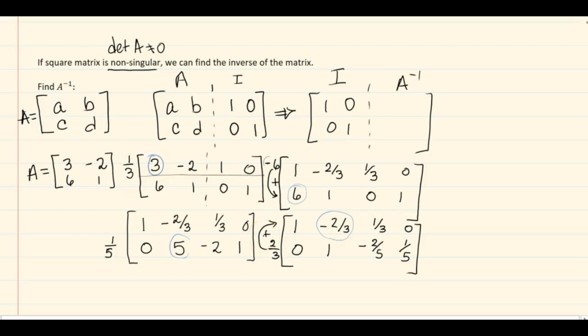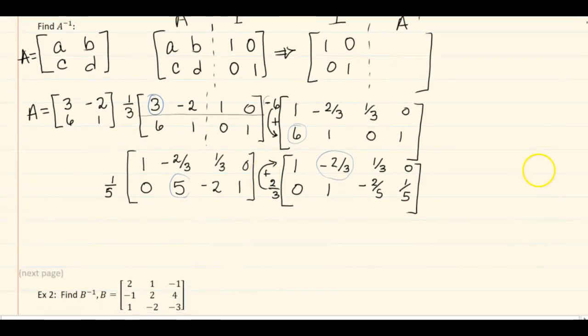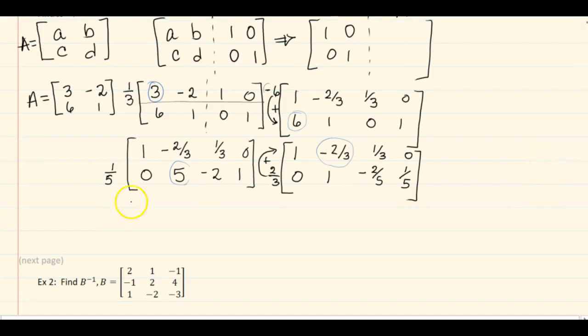So we're on our last matrix. The bottom row doesn't change, so it's going to be 0, 1, -2/5, 1/5. The top row, I'm going to multiply this times 2/3 and get 0 plus 1. I'm going to multiply and get 2/3 and add that and get 0. Multiply, oh, here's some math.